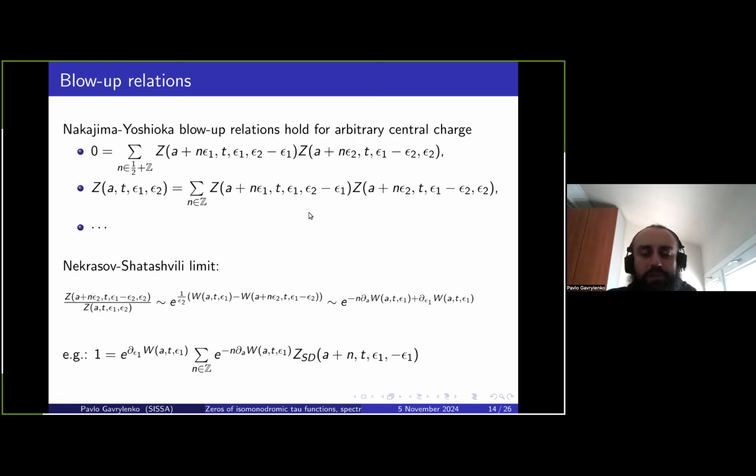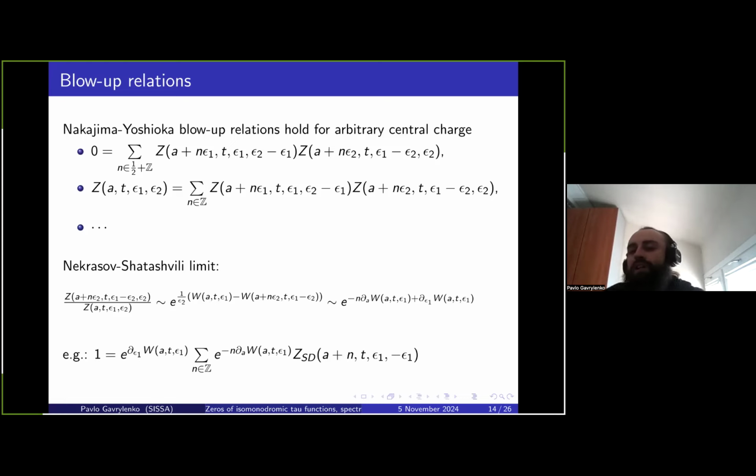It tells that the left-hand side equals this partition function on the original plane with non-modified epsilons. So there are such relations. Actually, there is an infinite number of them. They will show some formula that in principle describes at least some class of these relations.